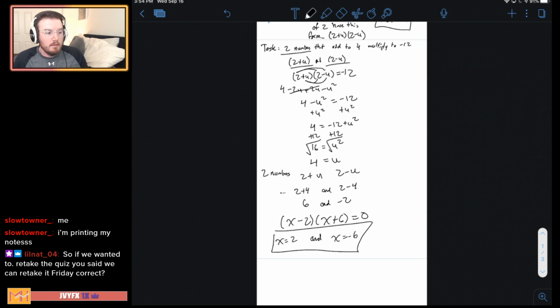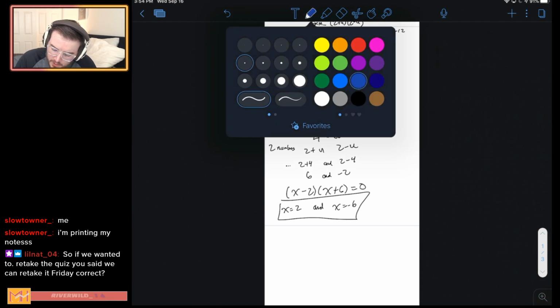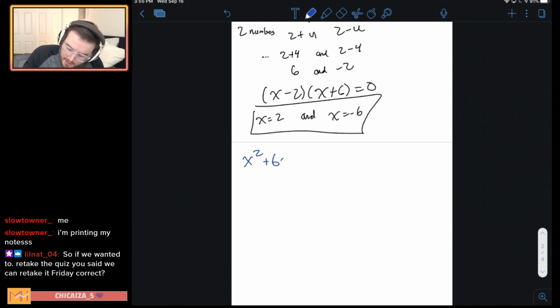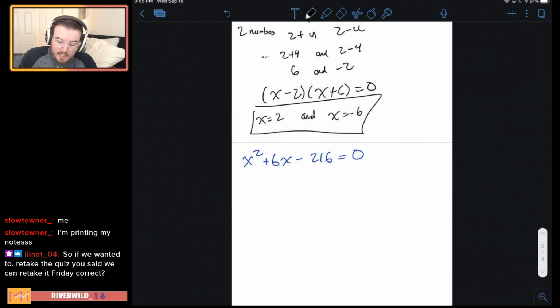Let's do it again. Switch up to another color other than black here. So x squared plus 6x minus 216 equals 0. Our main goal is to factor this up into x and x.